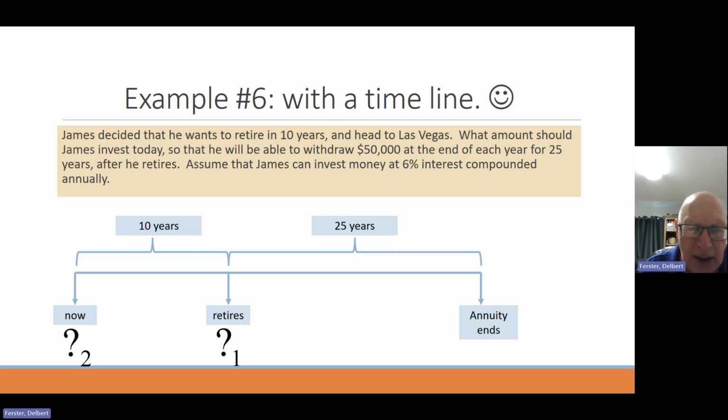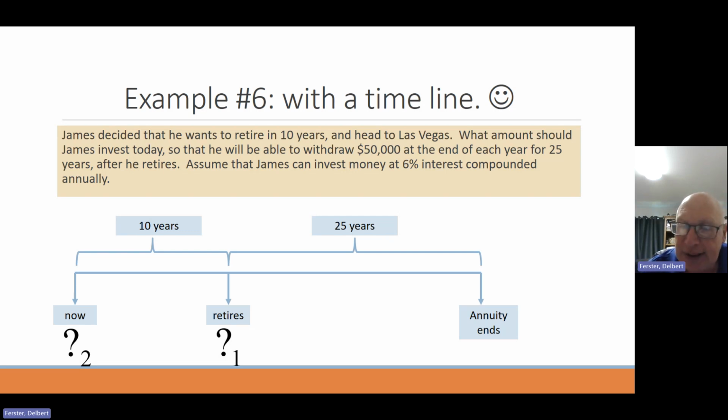All right, so you notice I tried to indicate that there were two things we had to contend with for us to solve this problem. The first question mark down there, cleverly subscripted question mark number 1, seems to mean how much money has to be there 10 years from now, so that he has the ability to pull out $50,000 each year for that 25-year span as he's spending his time enjoying retirement.